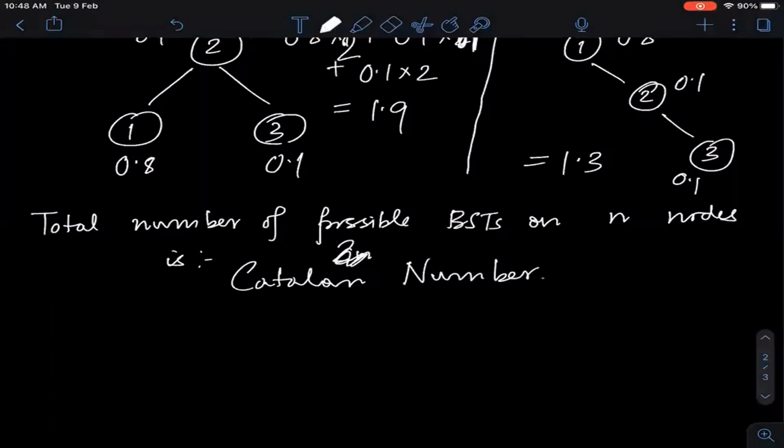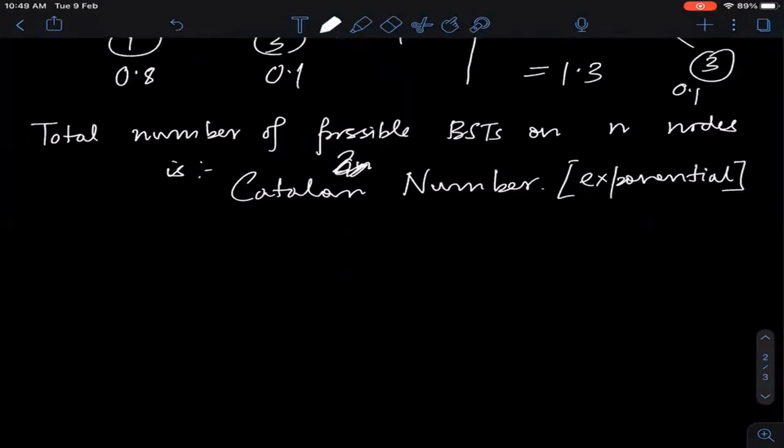I will encourage you to think about why this is the Catalan number. I can give the answer if someone is interested, but you should try to figure it out. For us, what is important is that this is clearly exponential. So it's a huge search space that we want to look through, and clearly I cannot afford to brute force search over all possible trees. Okay, great.